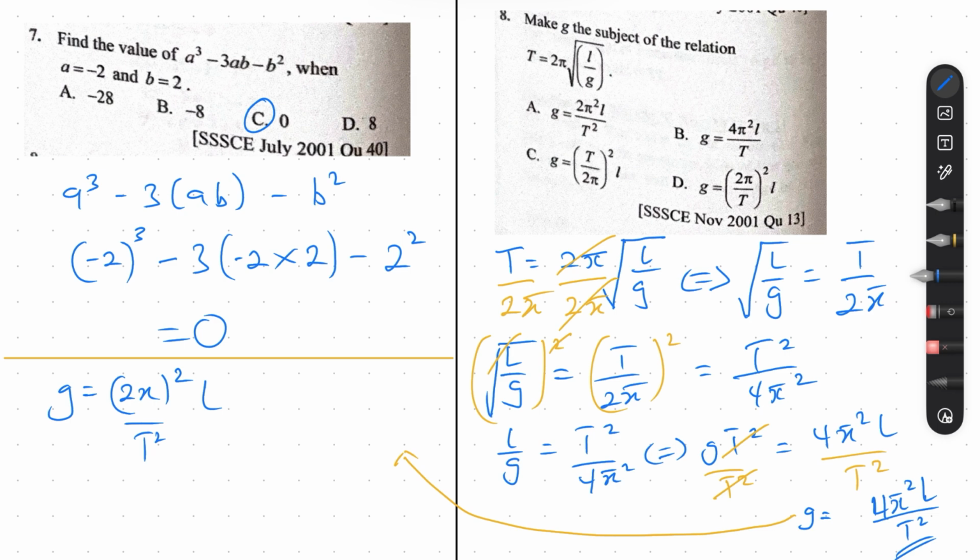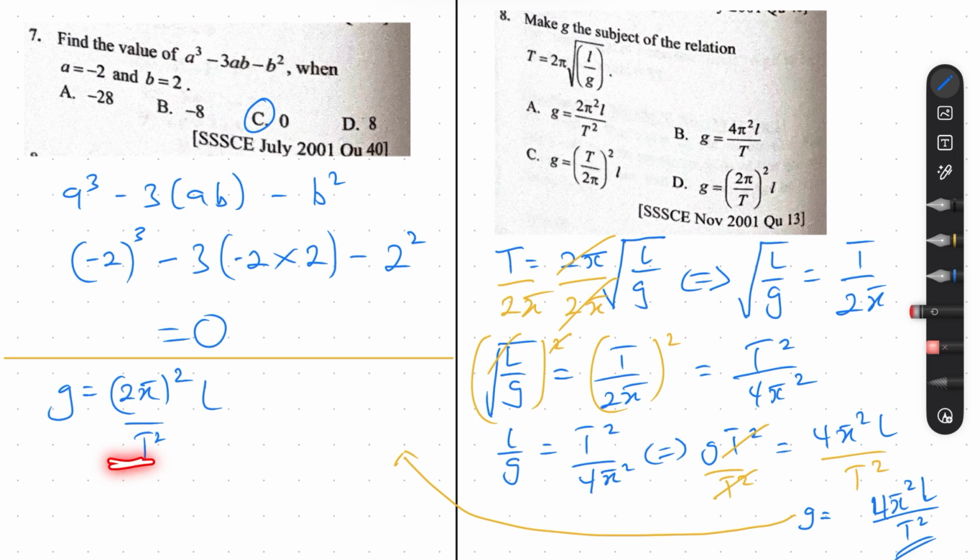Now this 2 pi squared over t squared, we can just take out the square and put everything as 2 pi over t, and it will still mean this, right?